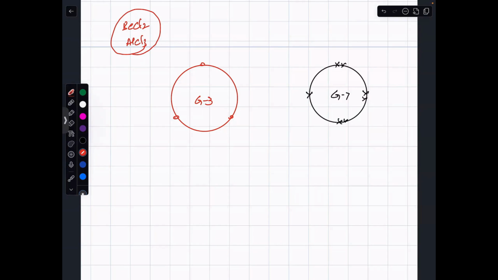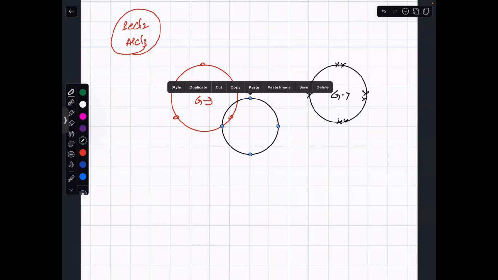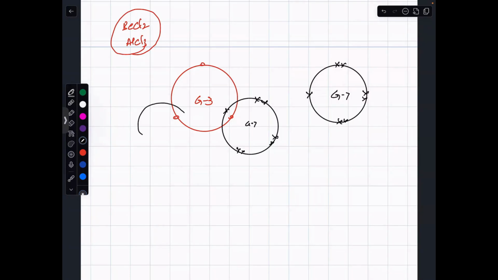Now, this is group 3, making 3 bonds with a group 7, of course. Like, if I take this group 7, this is group 7. 1, 2, 3, 4, 5, 6, 7. Another group 7. 1, 2, 3, 4, 5, 6, 7.